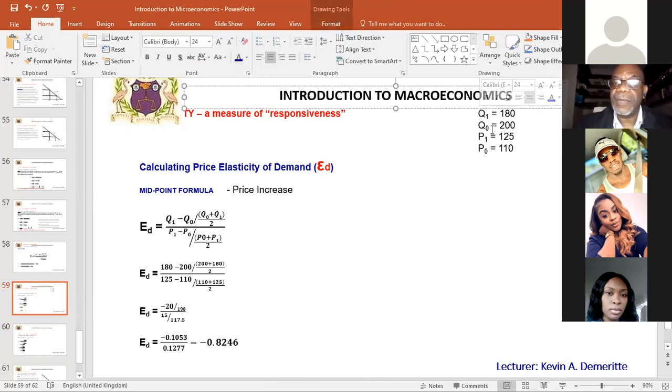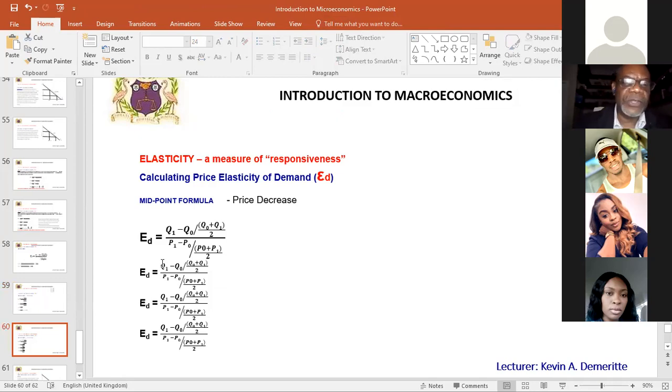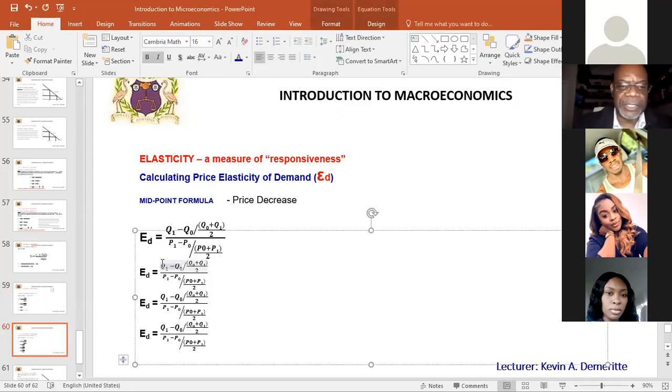Whatever her original quantity and price was would now be her new quantity and price. And what was her new quantity and price now becomes her old quantity and price, because she reversed everything. 200. Okay, so our new Q1 would be 200. Then by a process of elimination, our new Q0 must be 180, right?